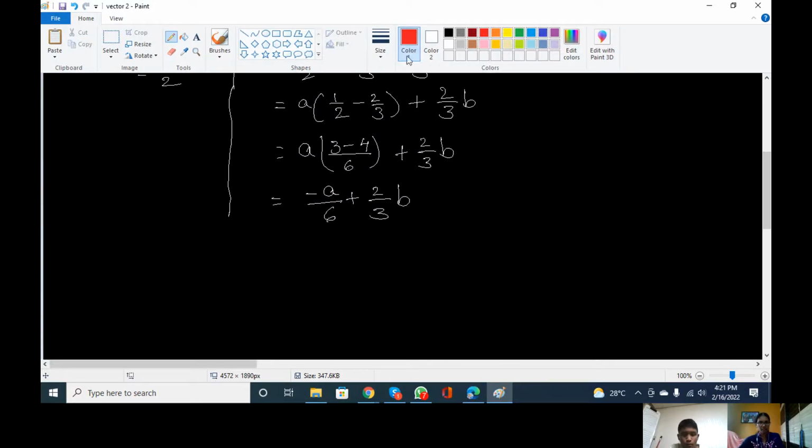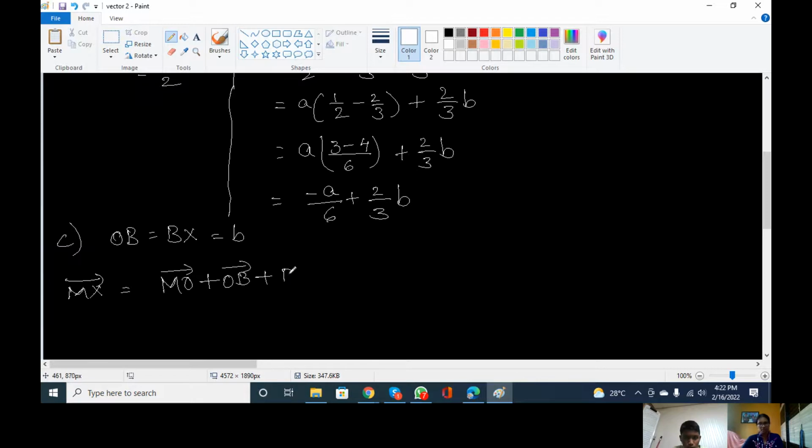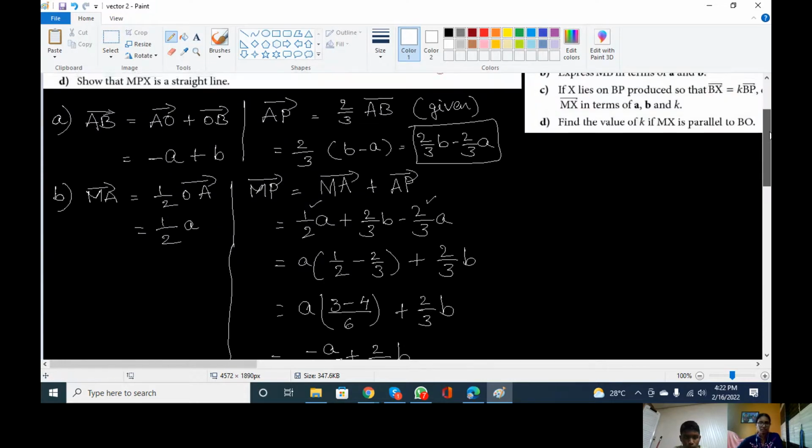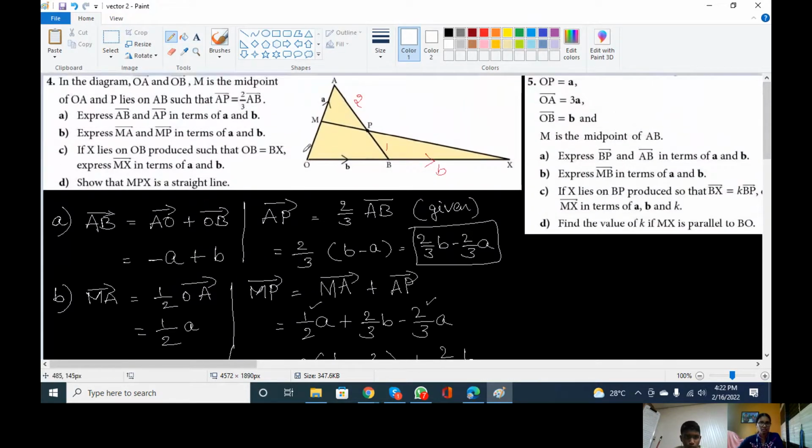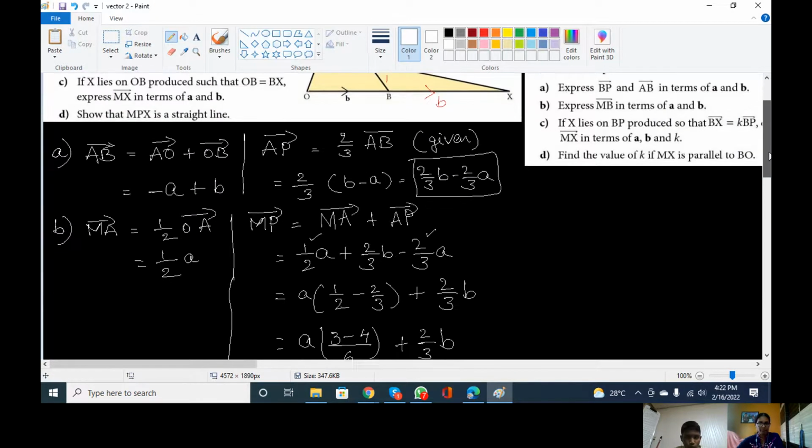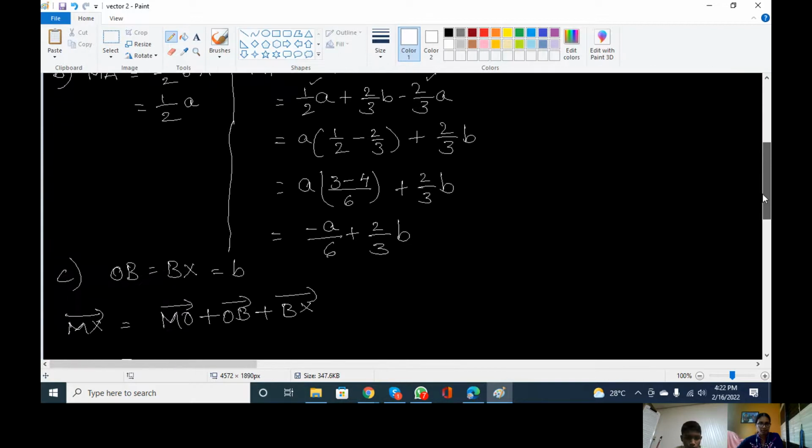Writing the same for the C bit, given that OB is equal to BX, which is equal to vector B, MX is equal to MO plus OB plus BX. Now, what is MO?